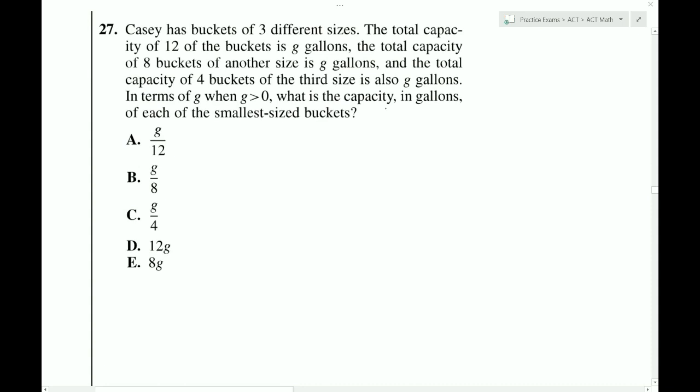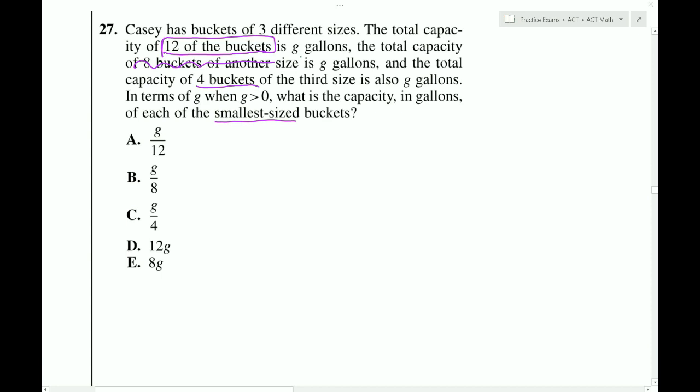In terms of G, what is the capacity of each of the smallest size? We only need one of those, the smallest one. There are 3 different ones. Obviously the middle one, the one with 8 buckets, is not going to be the smallest. So it's either the 12 buckets or the 4 buckets. I claim it's the one with the 12 buckets.